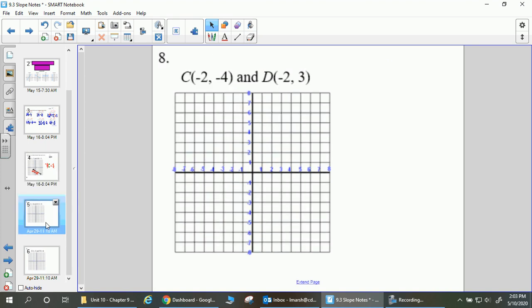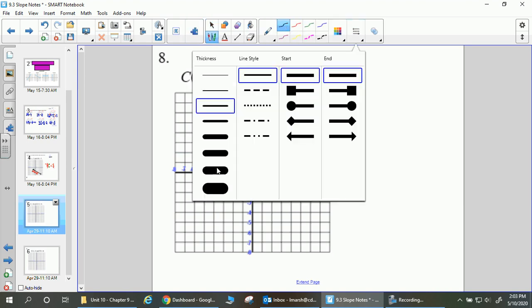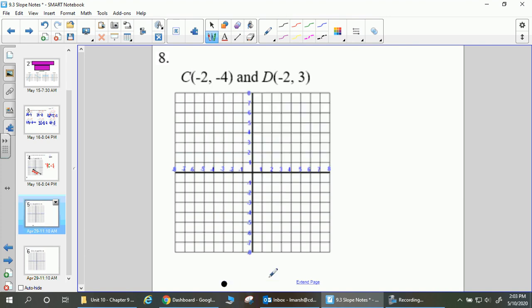So let's take a look at another one. (-2, -4) and (-2, +3). So again, first thing I'm going to do here is go onto my graph and graph these points. So -2, -4, -2, +3.